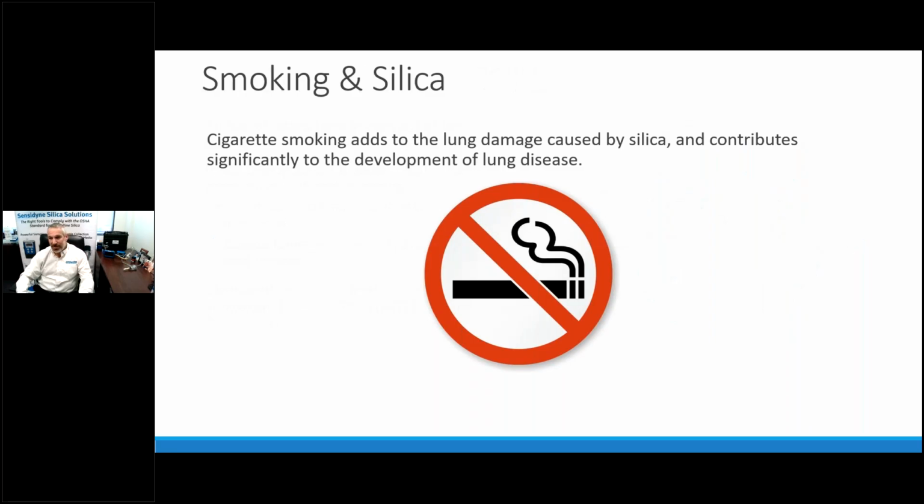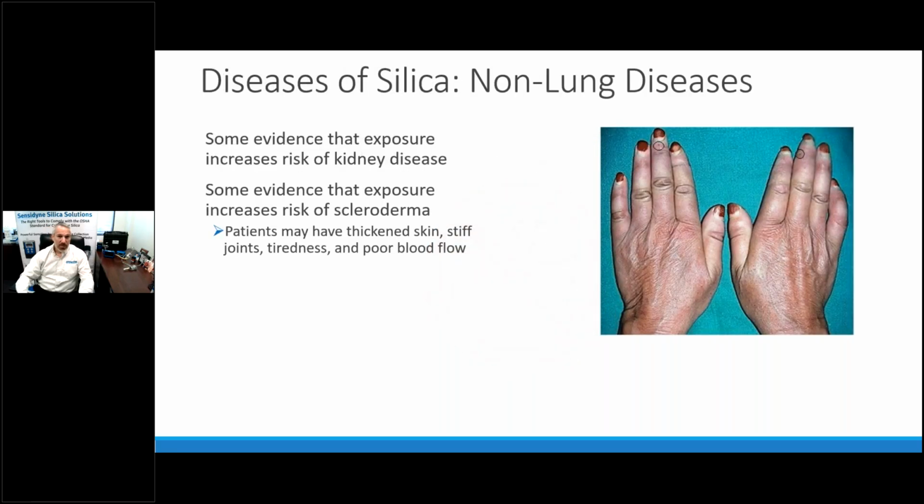And then, of course, and it should be of no surprise, cigarette smoking adds to the lung damage caused by silica and contributes significantly to the development of lung disease. Now, not all diseases associated with silica are lung diseases.